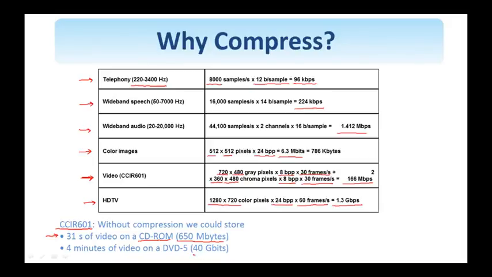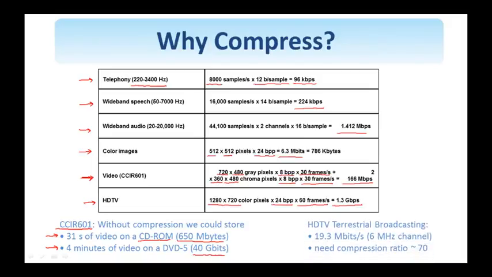If we use a 40 gigabit DVD5, then still we could only store 4 minutes of video. Therefore, if you were to store a whole movie, you can do the calculations based on how long the movie is. You need many of such CDs or DVDs.